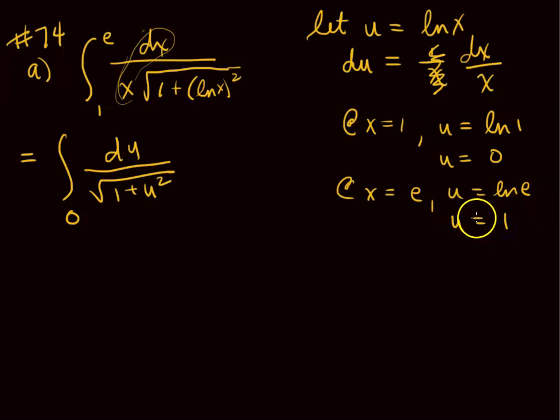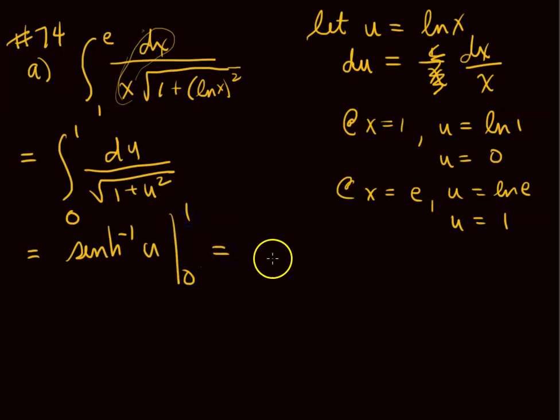We just use 1. So the upper limit is 1. So this now becomes the antiderivative, and it's just the definition. The sinh inverse of u from 0 to 1, which is the sinh inverse of 1 minus the sinh inverse of 0.